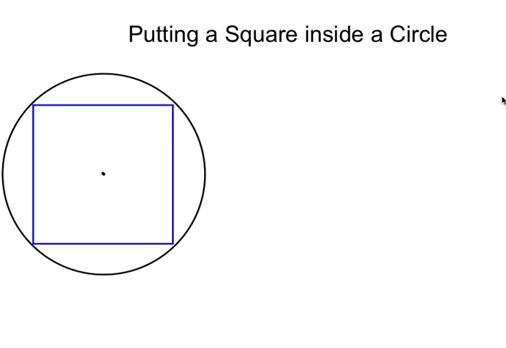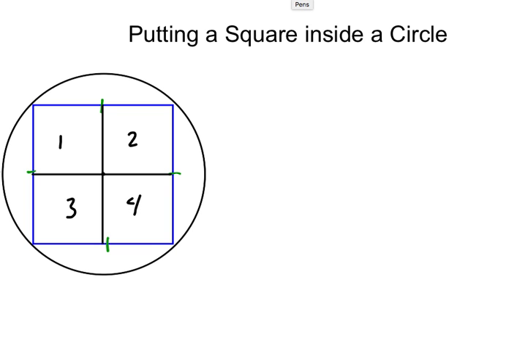One, all the sides in a square are the same length. So each side carries the same length. If I cut this square up into quadrants, I recognize that each of these individual squares, such as square 1, 2, 3, and 4, are all the same size.